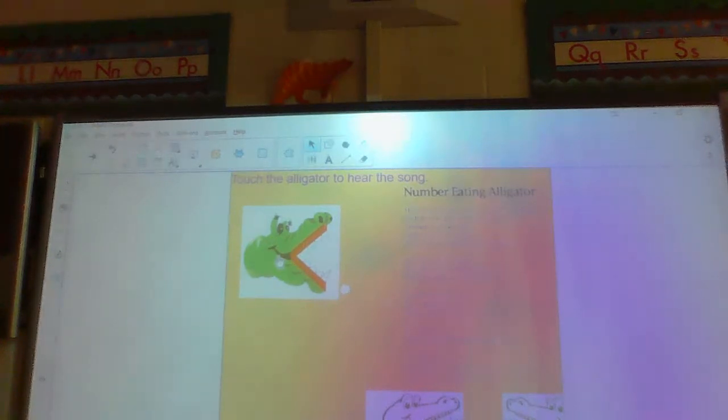He compared the two, then decided to chew the greatest one right down. Mr. Alligator, open wide and chomp, chomp, chomp. The greatest number down.